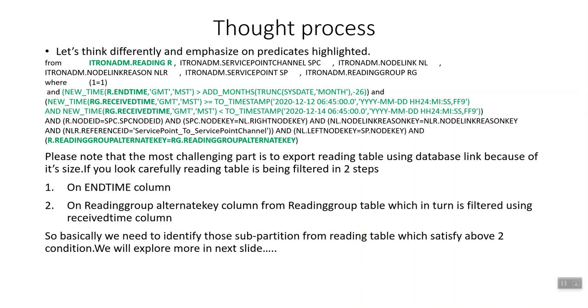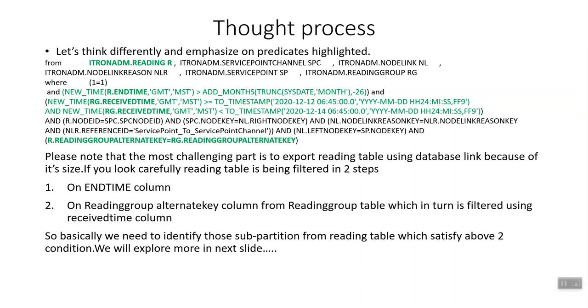There are two filters. One is on the end time column of the reading table, where you are selecting only 26 months of data, which we are achieving using add_months. The next filter is on reading group alternate key.